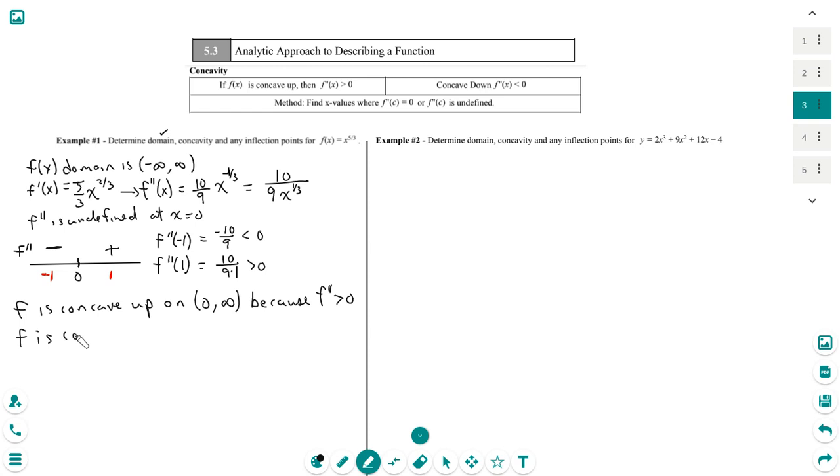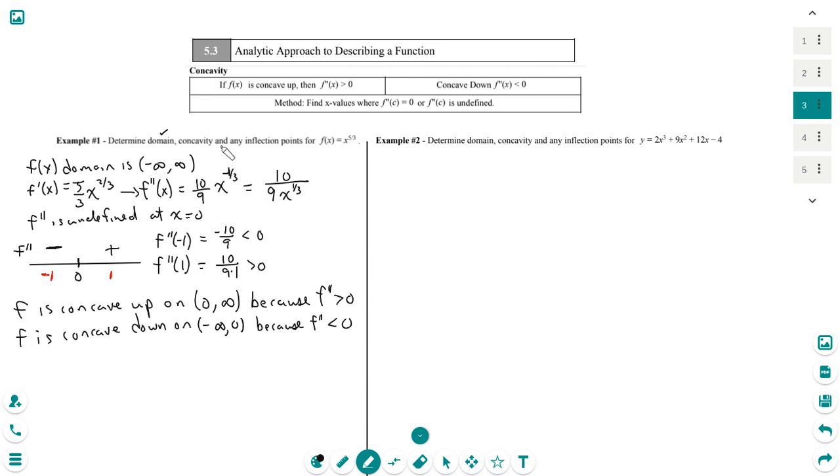F is concave down on the interval from negative infinity to 0 because the second derivative is less than 0 or negative. However you want to say it, I find using the inequality a simple way to say that.